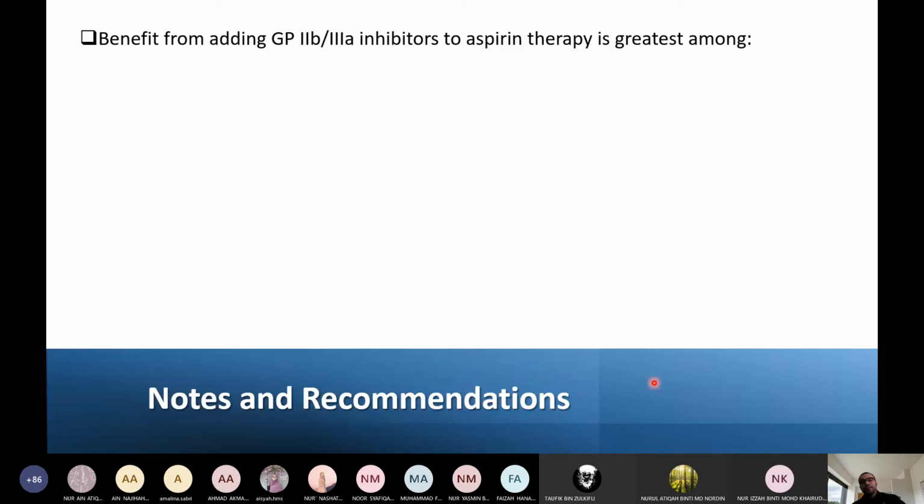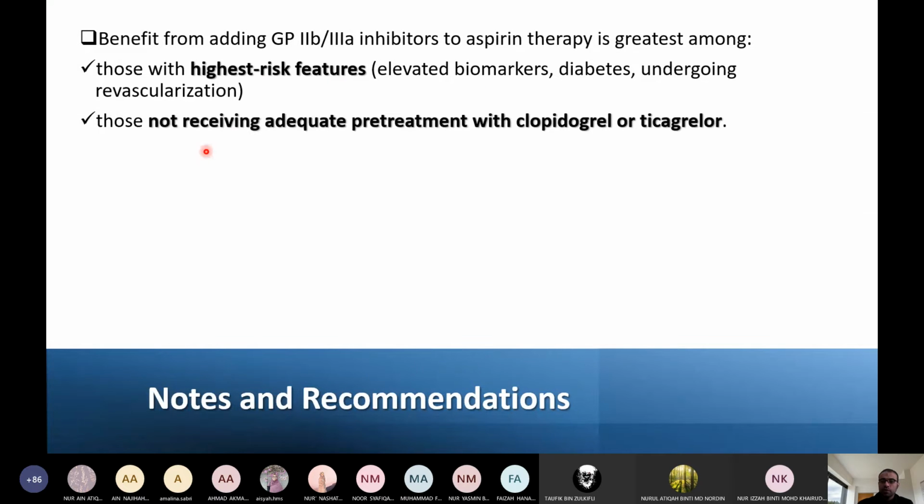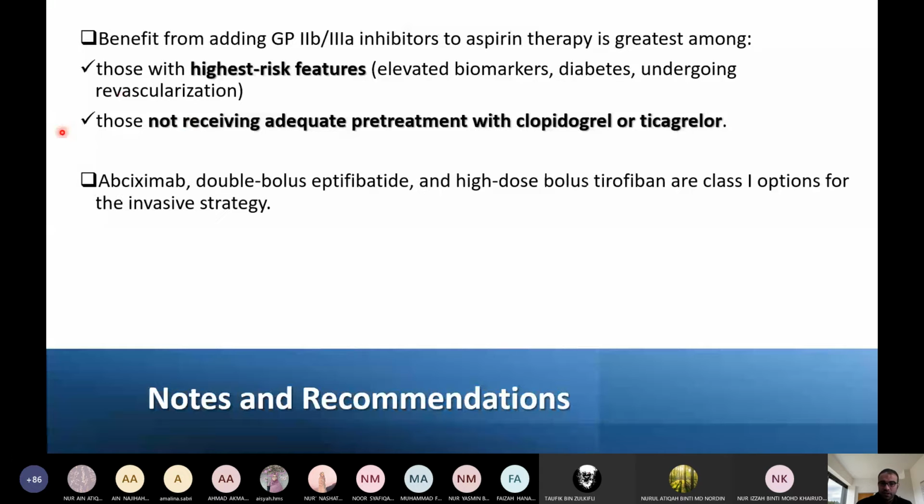The benefit from adding one of these agents to the aspirin is very relevant if the patient has one of the high-risk features that we highlighted earlier: highly elevated biomarkers, diabetes, or a revascularization procedure they will undergo. And for those patients not receiving adequate pre-treatment with clopidogrel or ticagrelor, usually aspirin and those treatments will be offered before those agents. These patients not adequately treated will have some benefit from this agent.